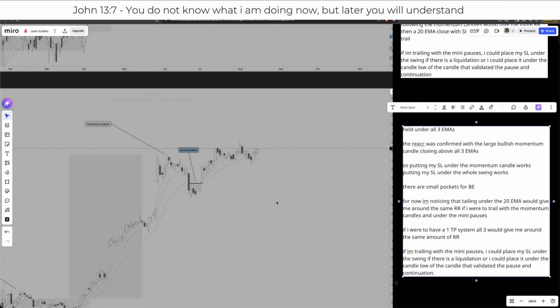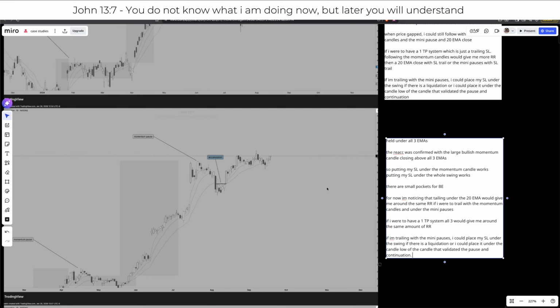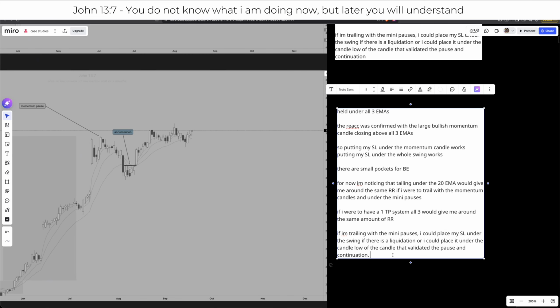So for this one, I would get more RR by putting it under the candle low that validates, because as this validates with this candle, this stop loss right here under this candle will give me more RR than this right here. So this would give me more RR. Essentially, that would give me more RR, right?